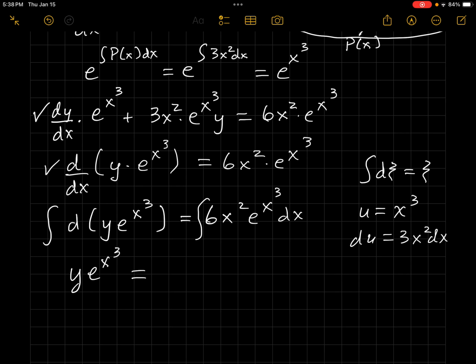So I could rewrite the right side as 2 times e to the u du, which is 2 times e to the u, where u is x cubed, and here I will put the plus c.